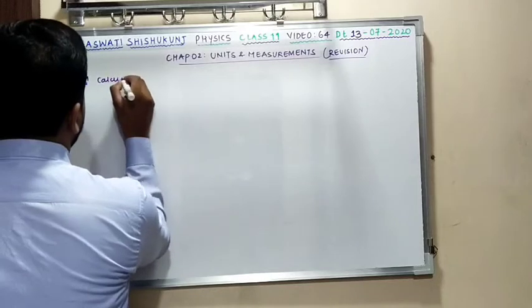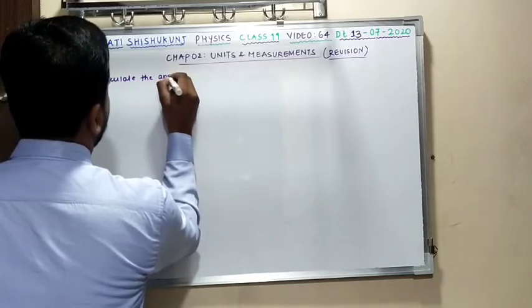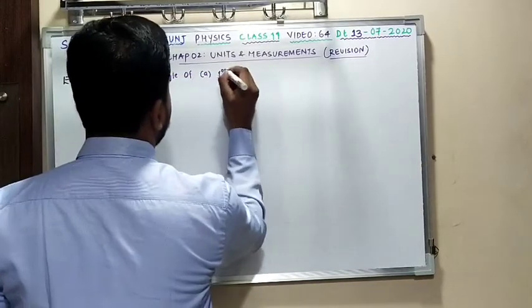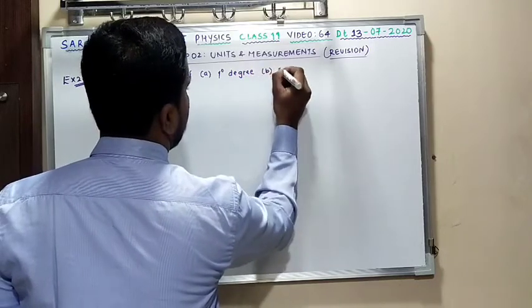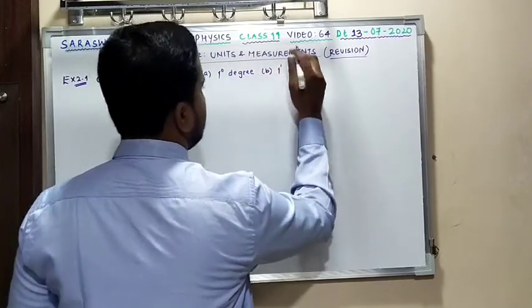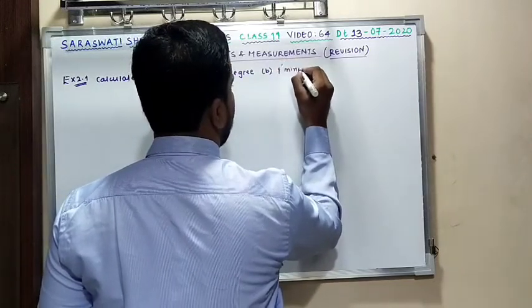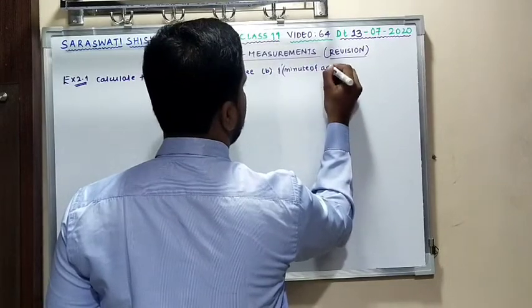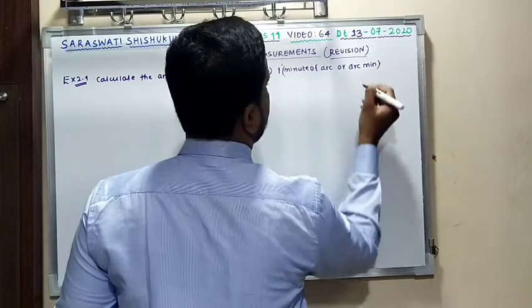Calculate the angle of number A, 1 degree, B, 1 minute, you can say 1 minute of arc or arc minute. Clear?